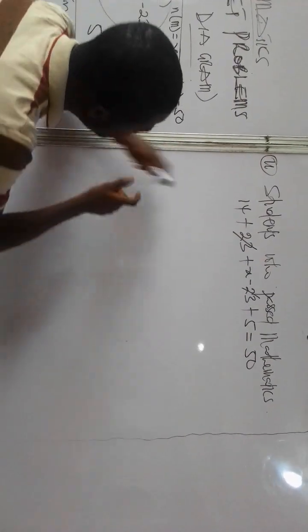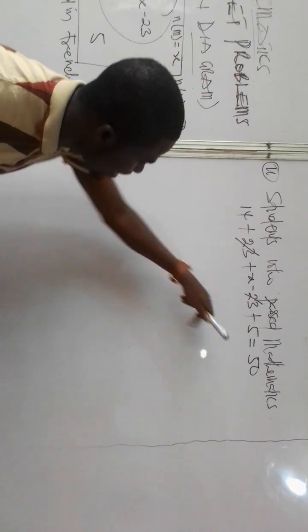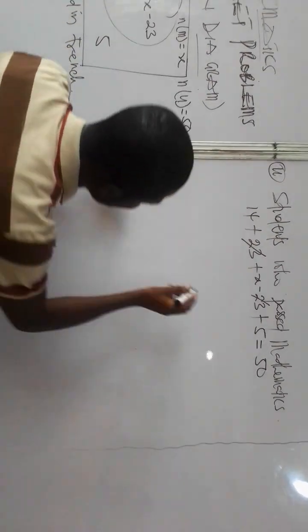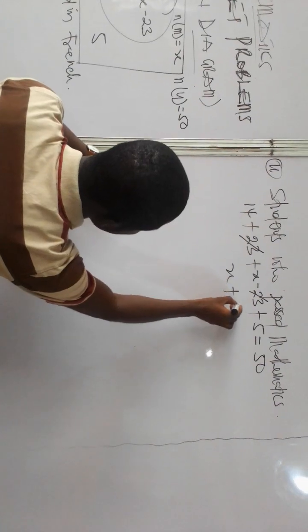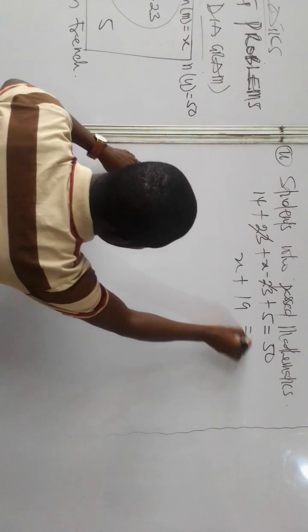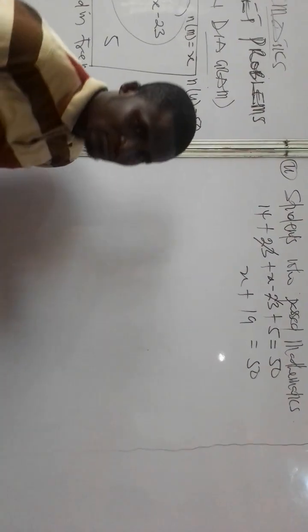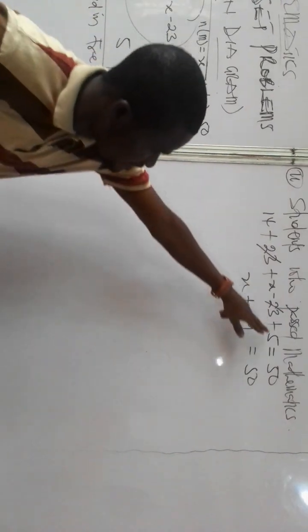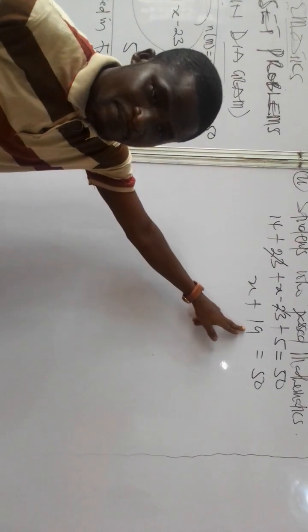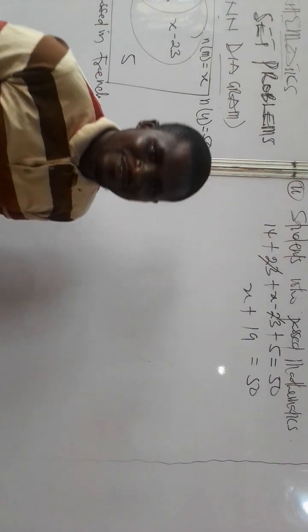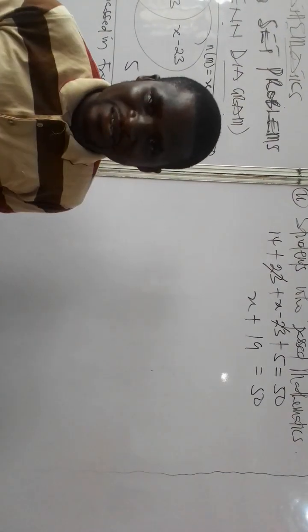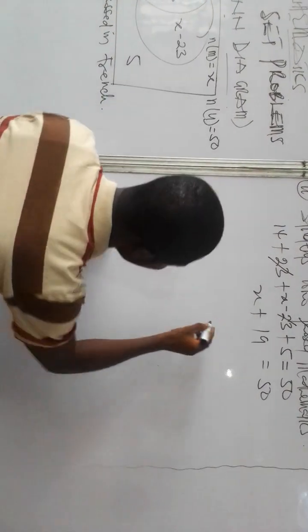Now, let's add 14 plus 5. That will give us 19. So we are going to have X plus 19 equal to 50. We are looking for X, so let's group like terms.